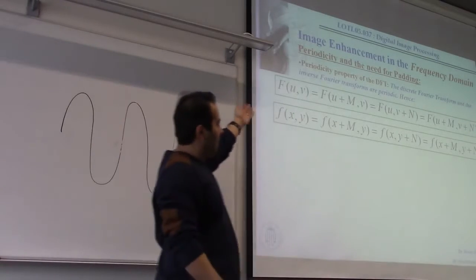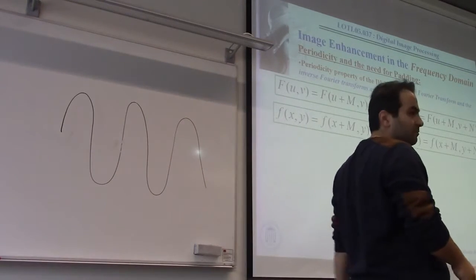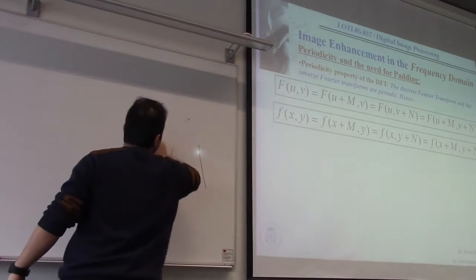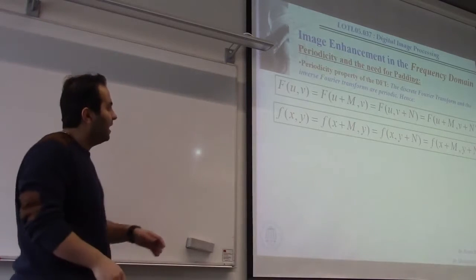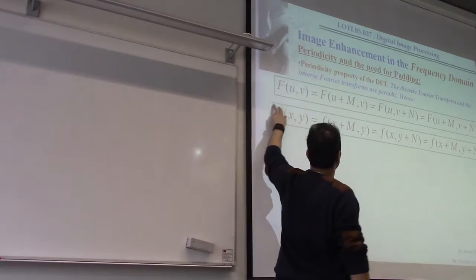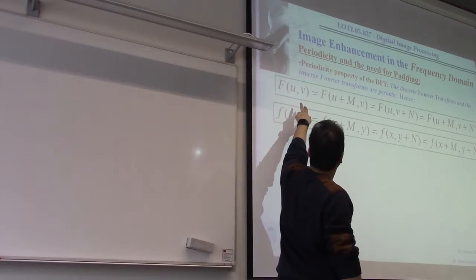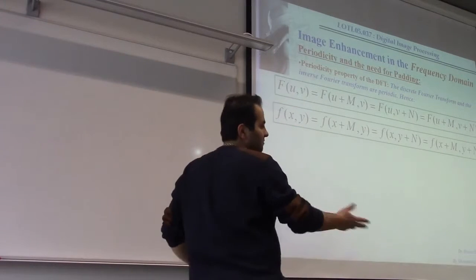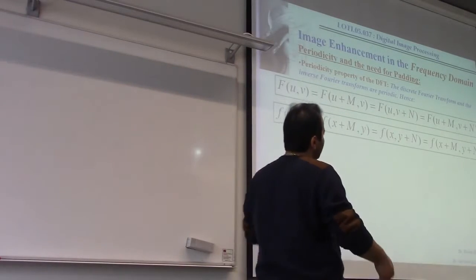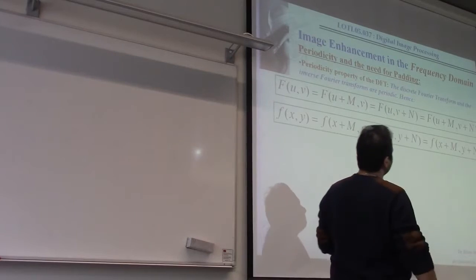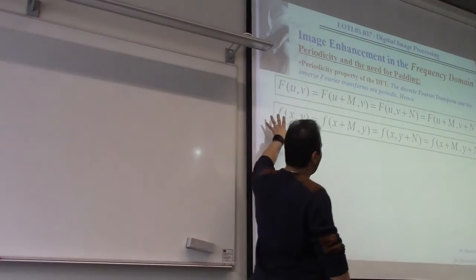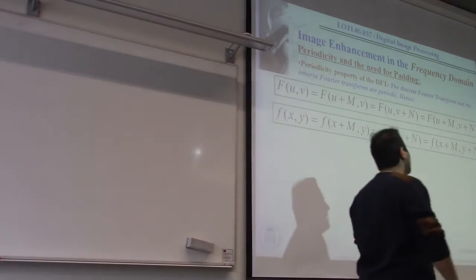It means that for the periodic, but in the discrete form, as you know we are talking about, because an image is in the discrete form, not in the continuous form, we can say that the Fourier transform of our image, when we transform it to the frequency domain, F(u,v) is equal to F(u+M, v) or F(u, v+N), which is equal to F(u+M, v+N). We also have the same in the time domain.